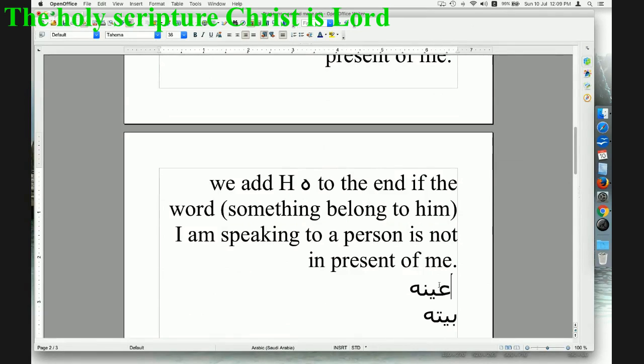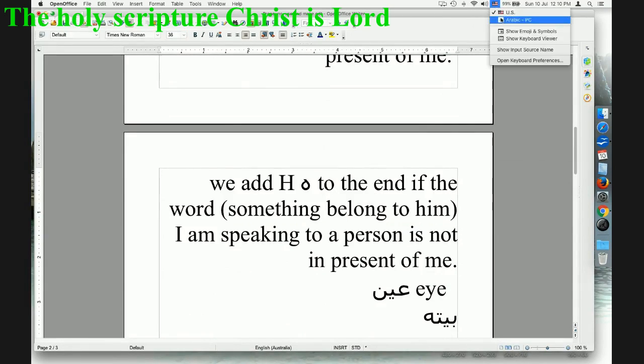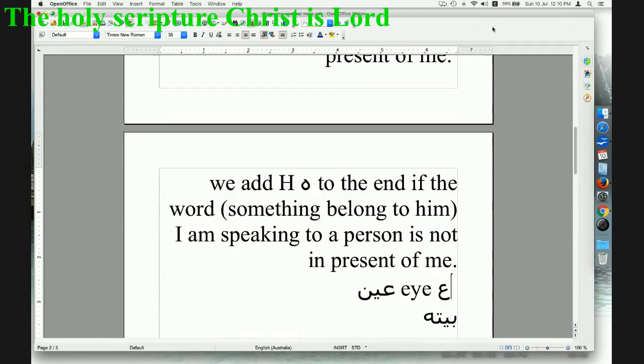That will make it ayno. Ain is the original. We add ha. Ain means eye. Ayno makes it his eye. I just add ayno.